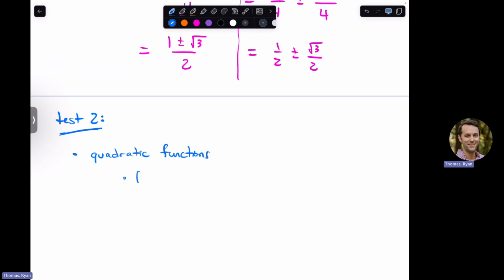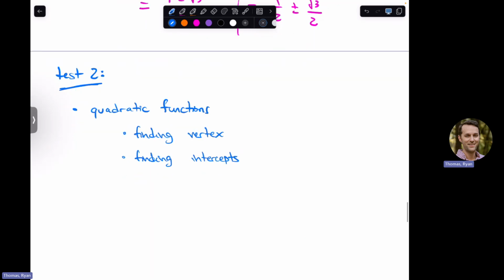We need to be comfortable with finding a vertex, finding intercepts, and interpreting.